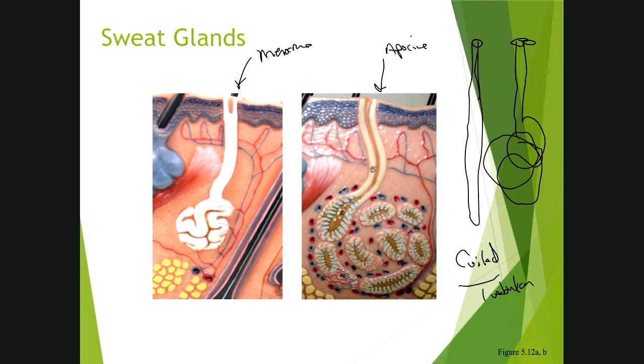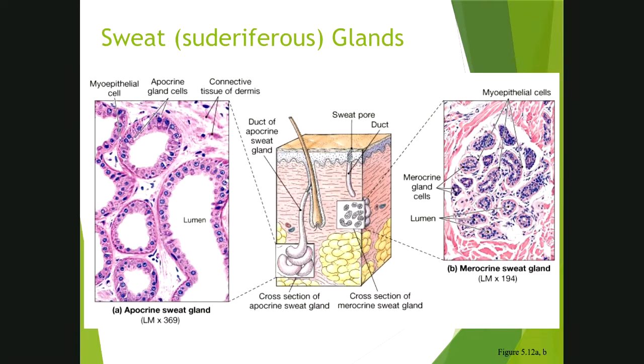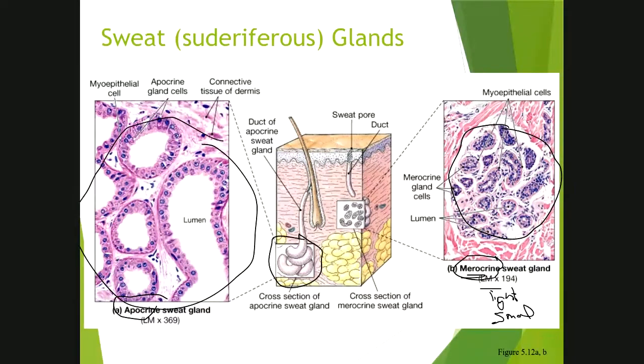Let's look at the difference between these. If we look at it in the skin, this is what they look like. So remember, this is a coiled tubular gland. It's like a ball on a string. And here's the ball right here. When you're talking about merocrine, we have a very tight ball, balled very tightly, small, and again, they're merocrine. But if we look at apocrine, the ball is much, much bigger, a much looser ball than this one.